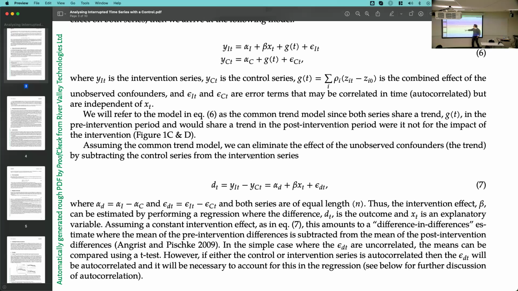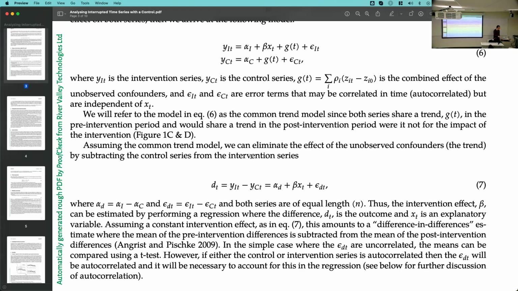But it's not easy. You still need to find an appropriate control group, believe that it's appropriate, and establish parallel trends and whatnot. So I haven't really solved the problem, I've just shifted it somewhere else. But so long as you can find such an appropriate control group, this is an awesome design.